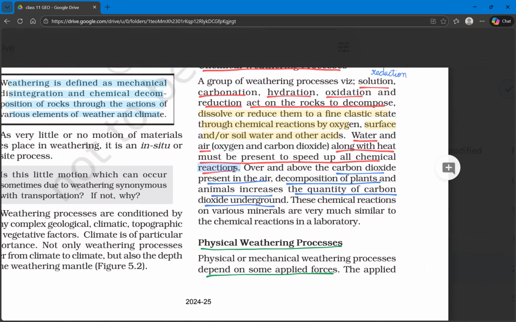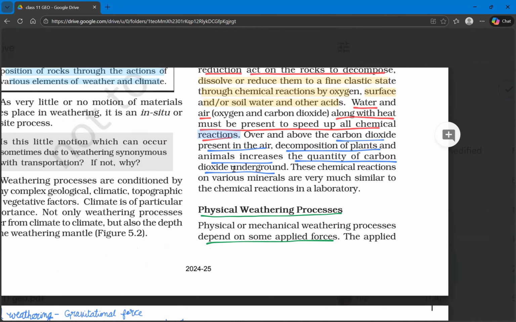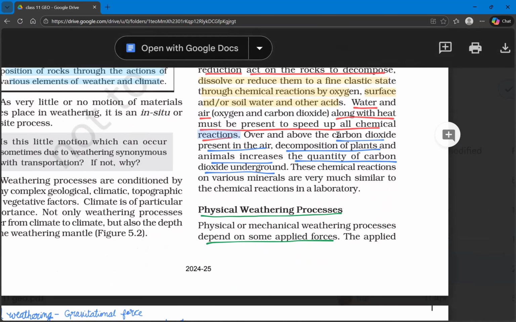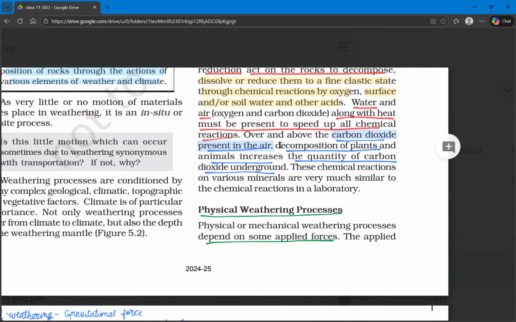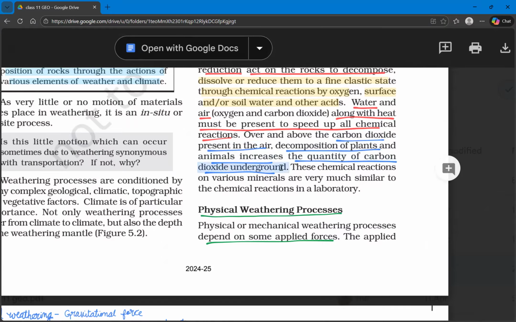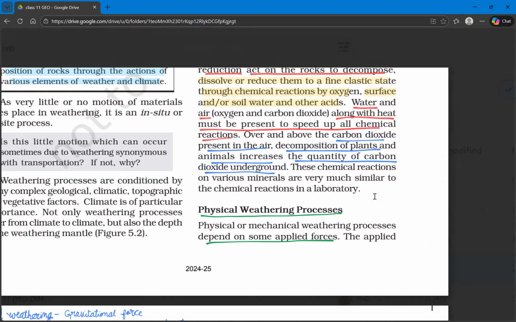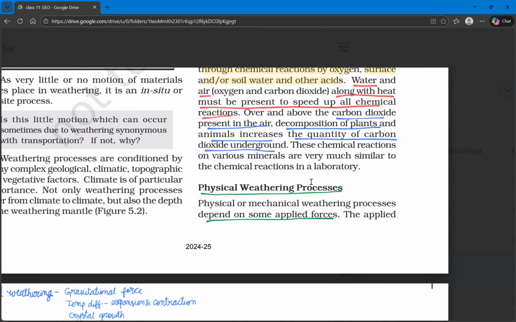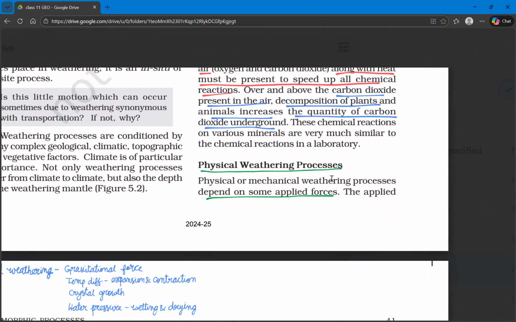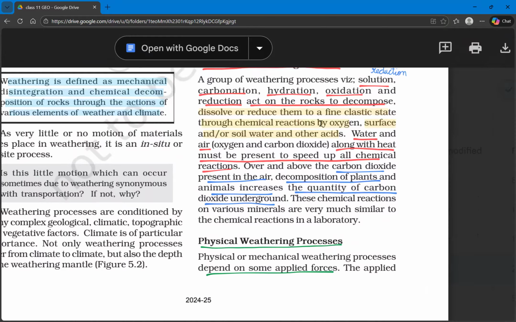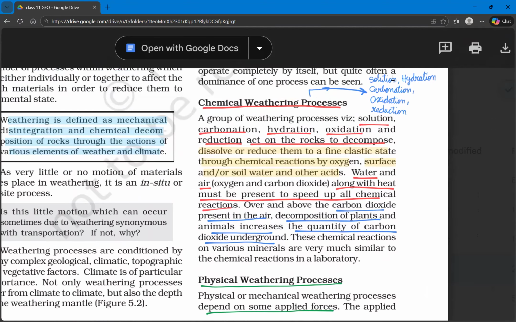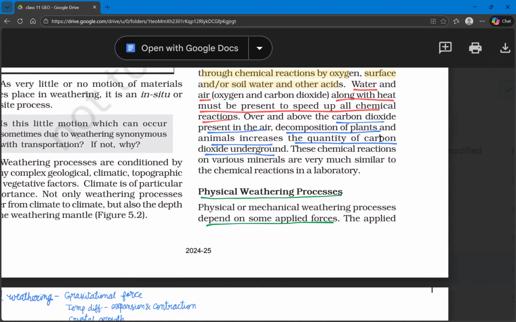These are important to speed up the chemical reactions. Over and above the carbon dioxide present in the air, decomposition of plants and animals increases the quantity of carbon dioxide underground. These chemical reactions on various minerals are very similar to the chemical reactions in a laboratory. So these are all the chemical weathering processes: solution, hydration, carbonation, oxidation, and reduction.